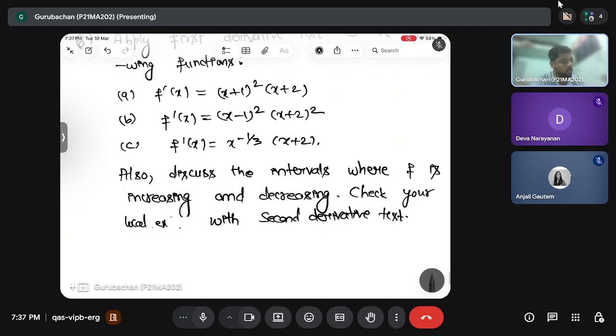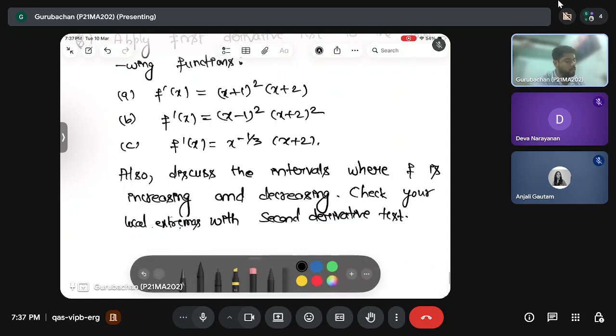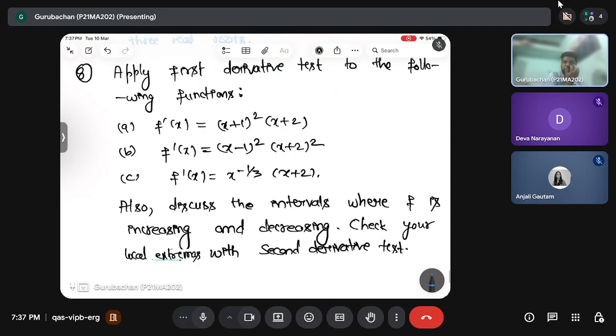Local extrema. So we have given three functions, three subparts. We need to find the local extremum of these functions with the first derivative test. Then we have to verify it with the second derivative test also. In between, we need to discuss the monotonicity of these functions. So try this one.